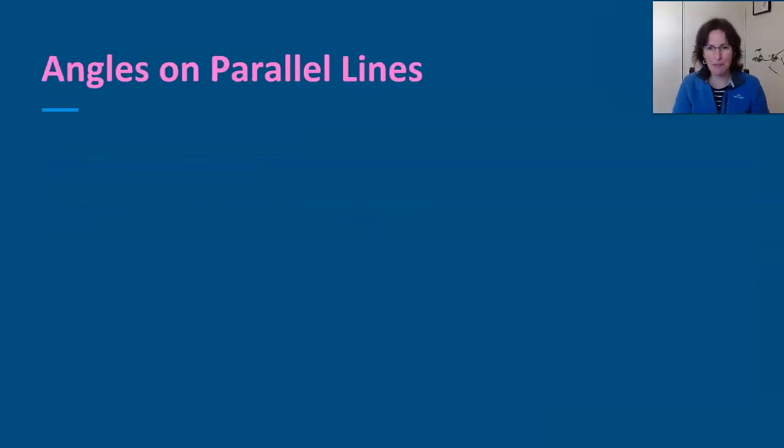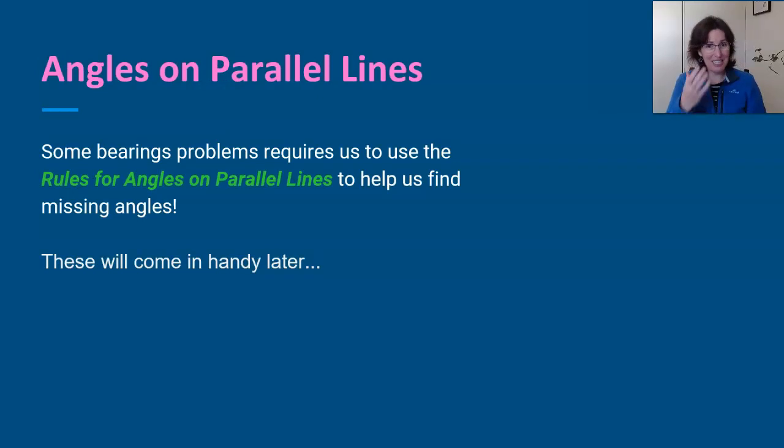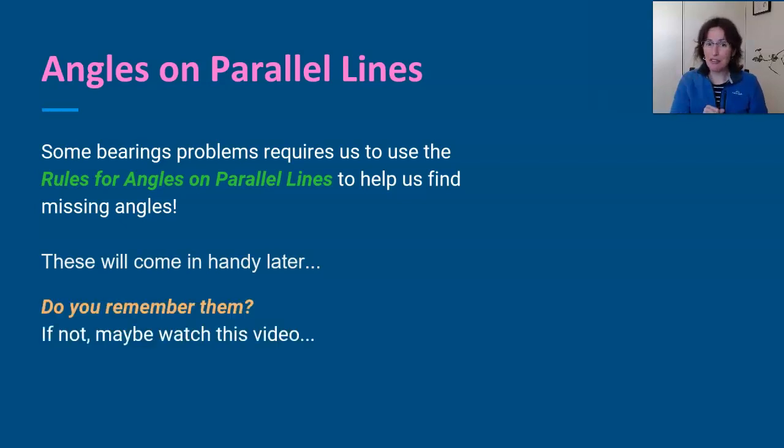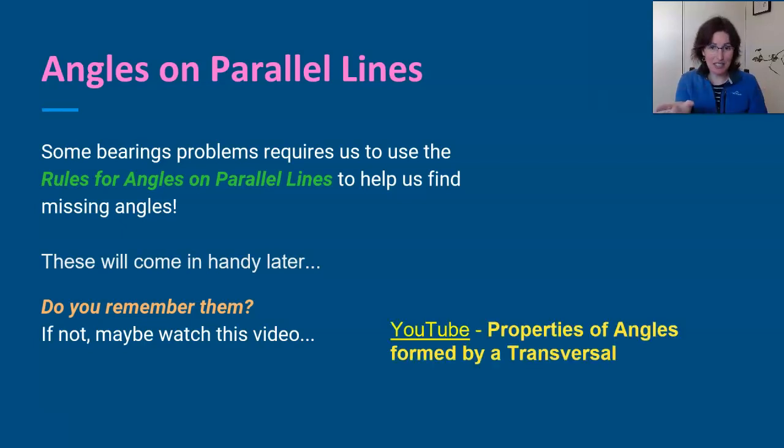Another thing that's really handy when you're doing bearings topics is some knowledge of parallel lines. So if you're a bit foggy on those and need a bit of a refresher, you might need to go back and do some work on them. Here's a video we suggest. It's on YouTube. Maybe the link works here, but if not, type into YouTube one called Properties of Angles Formed by a Transversal. Let's see if this works.